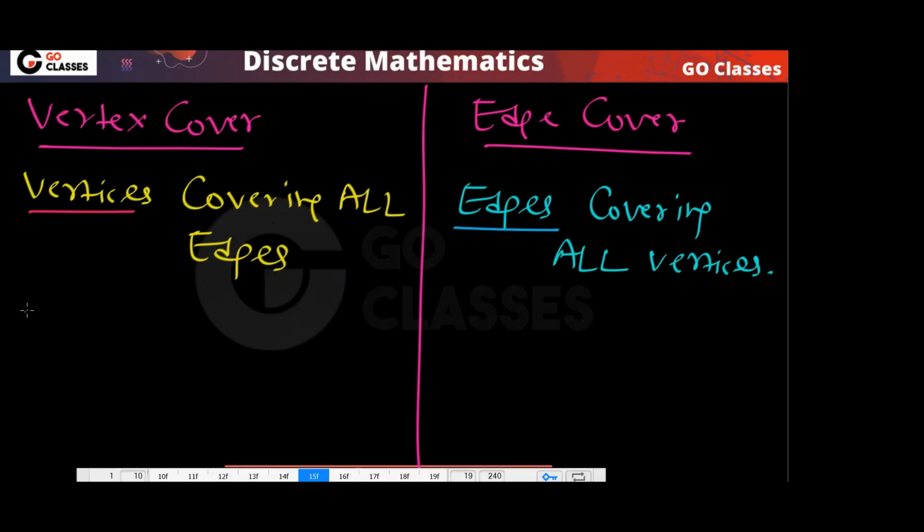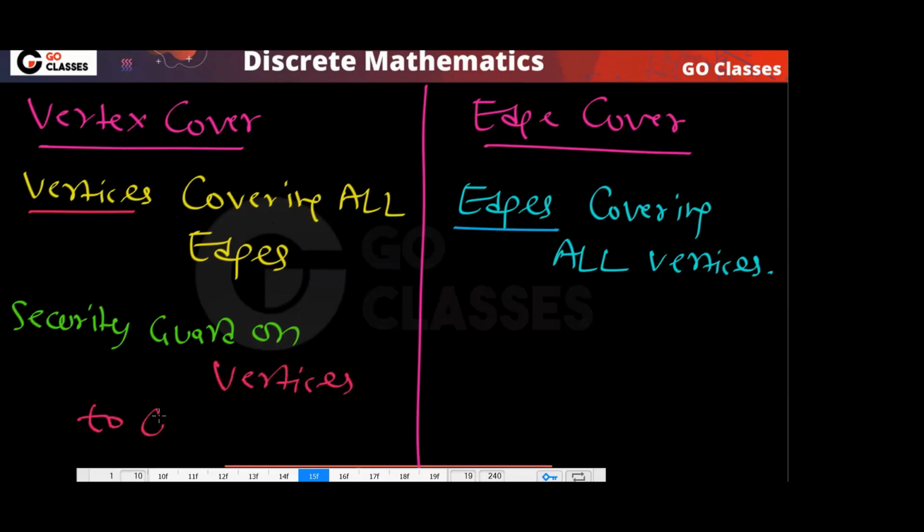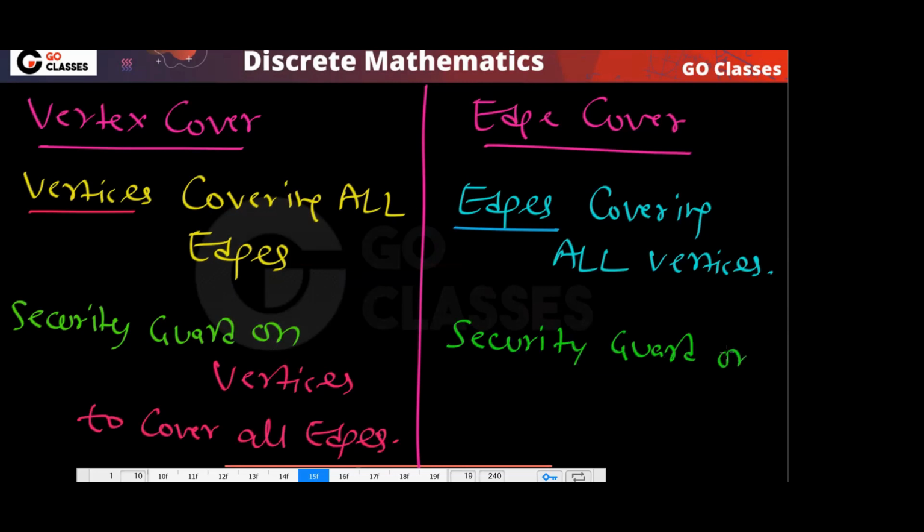So here I can say we put the security guard on vertices to cover all edges. And in the same scenario, here we put the security guard on edges to cover all vertices.